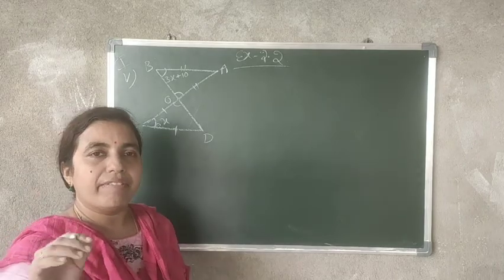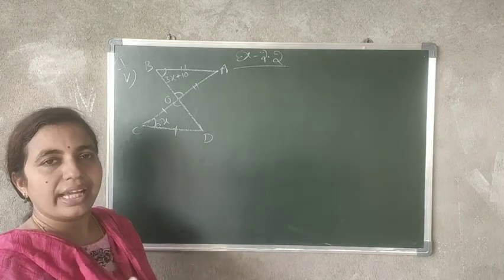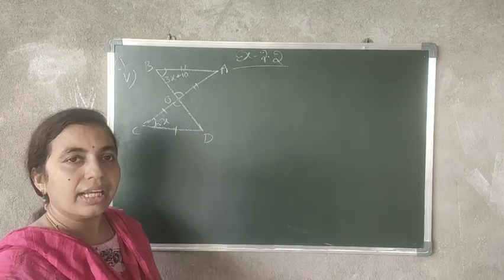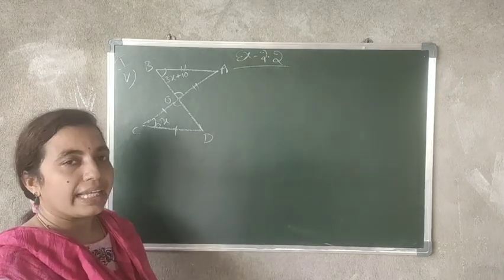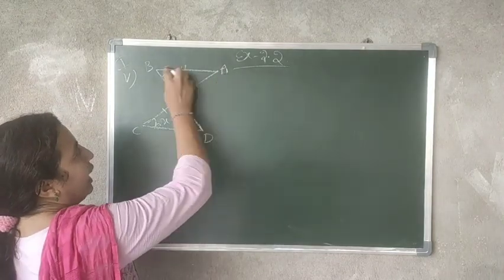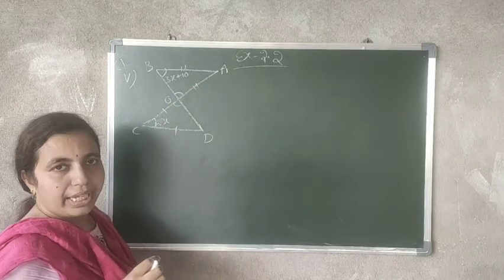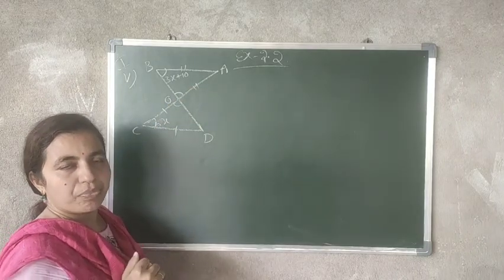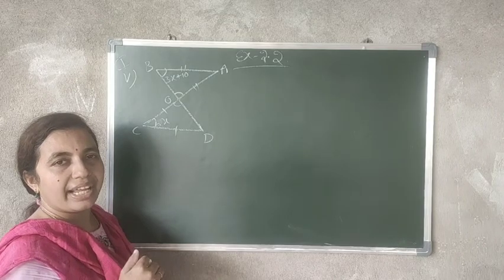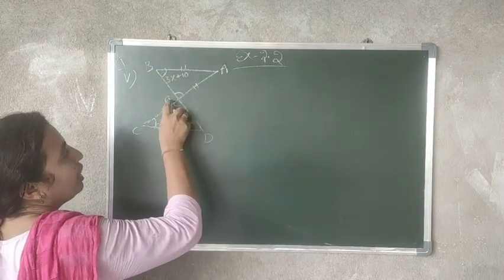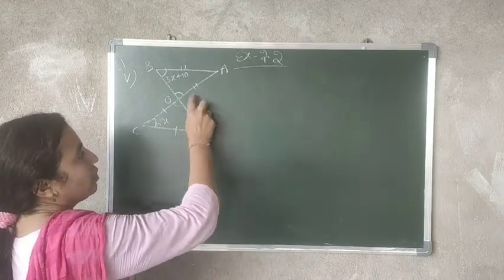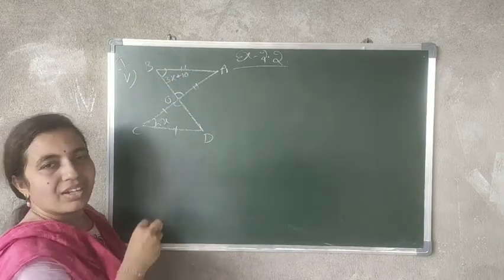So, I have already explained that whenever 2 sides are equal in a triangle, then their opposite angles are also equal. See, here 2 sides AB and AO are equal. That means what angles are equal? What are those opposite angles? For AB, the opposite angle is angle AOB. And for AO, angle B is the opposite angle.